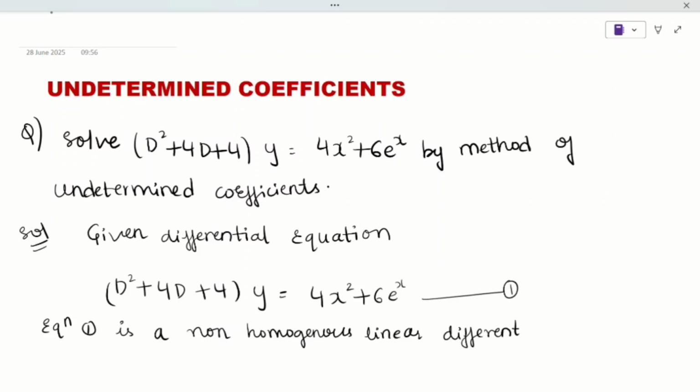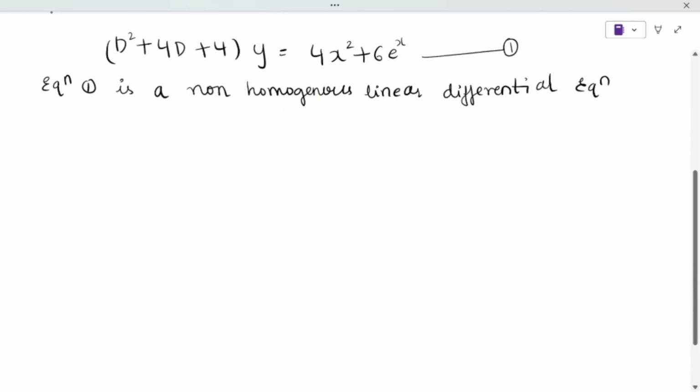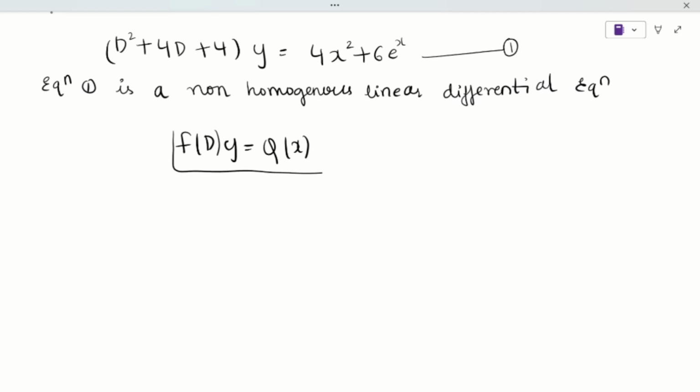Non-homogeneous linear differential equation. So when it is a non-homogeneous linear differential equation, I use this formula: f of D y equal to q of x. For every sum, when it is a non-homogeneous LDE, that is linear differential equation, you should use this form.